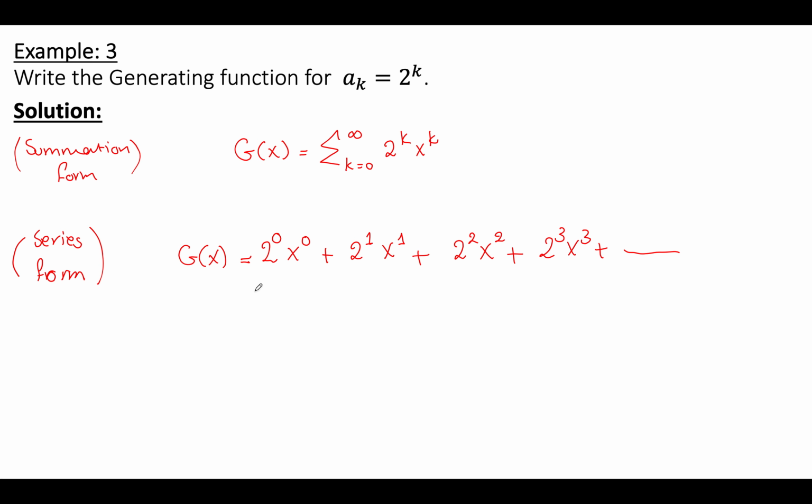So we can see the series form as 1 plus 2x plus 4x squared plus 8x cubed, and so on infinitely. And here we produce the series form.